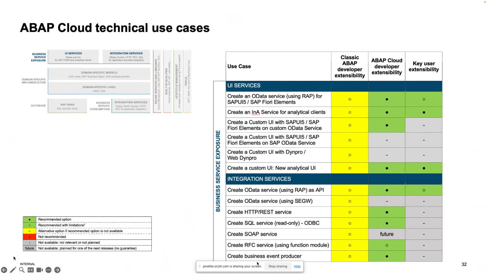And here, just for reference, please read it carefully, also for your information, the different protocols we support in ABAP Cloud. And as you can see, we're still introducing new things. For example, exposing a SOAP service is not yet possible, but we are heavily working on making this possible.